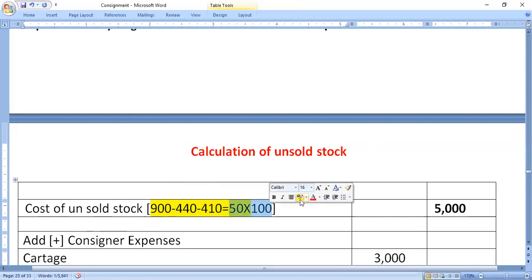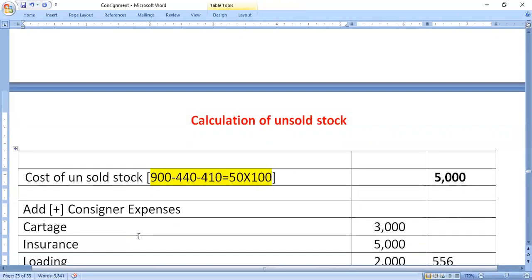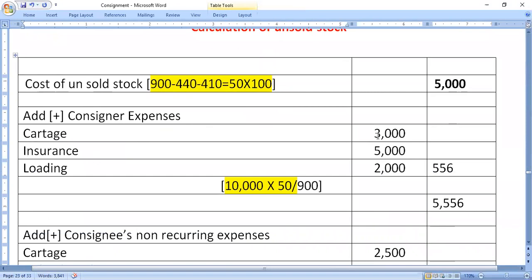Face value 100, so 50 into 100 is 5,000. Add consignor expenses: cartage 3,000, insurance 5,000, loading 2,000, leads to 10,000. 10,000 into unsold 50 over total 900 leads to 556 rupees. The total leads to 5,556.